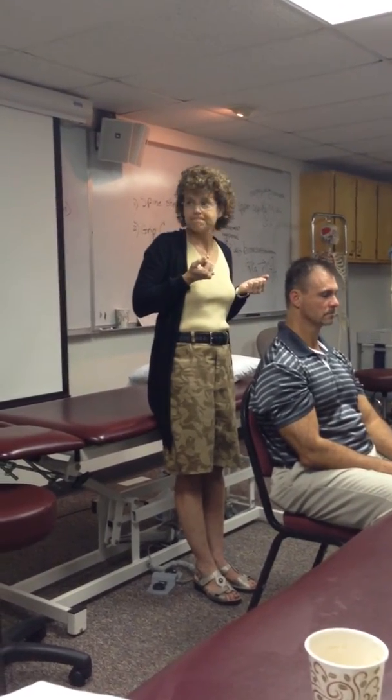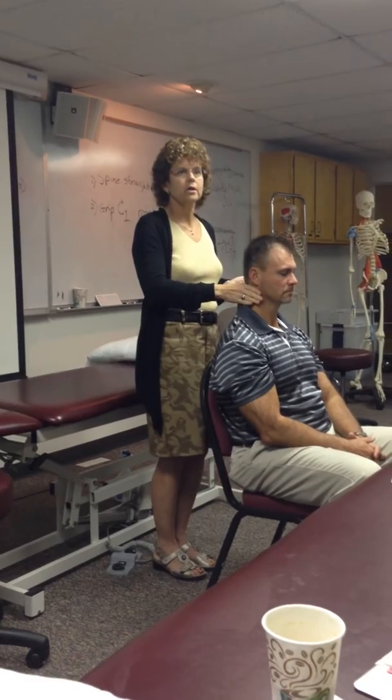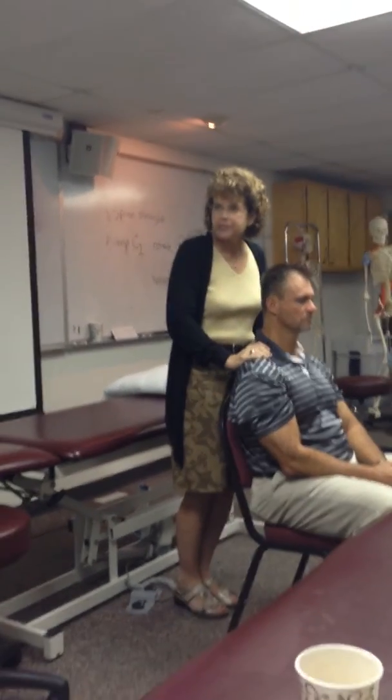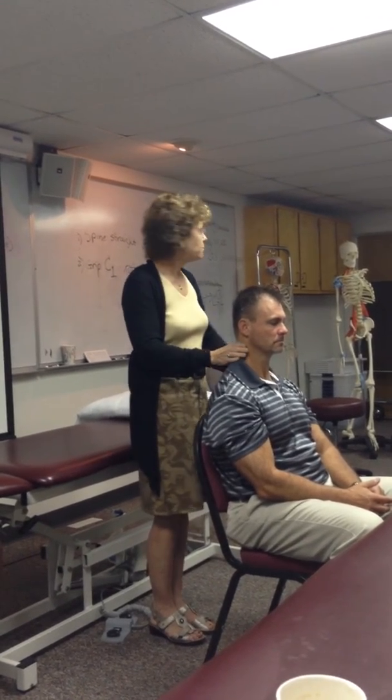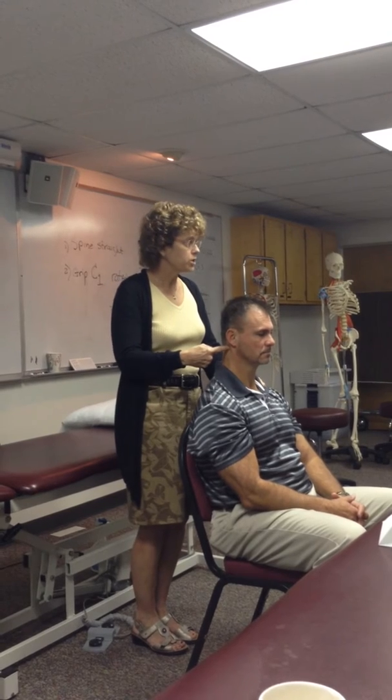Okay? So you saw how by moving C1, you can produce rotations that are different at the AO joint and the AA joint. If I move C1 to the left, I produced right rotation at the AO joint and left rotation at the AA joint.